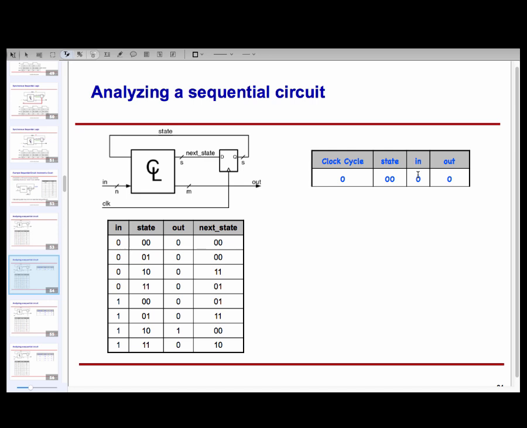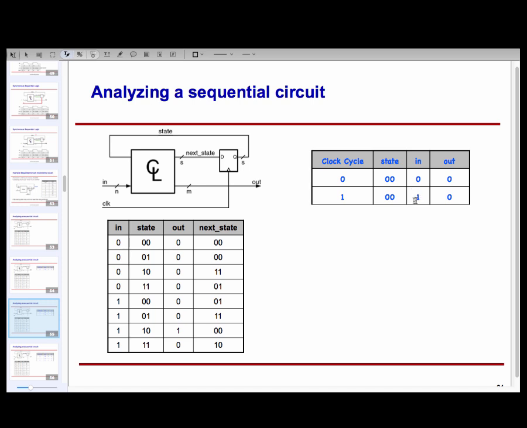Looking at this truth table, in is 0, state is 0, 0, then the output is 0. So that's what we see out here. Now a clock tick comes. So what would happen is that we would now update the current state with what the next state is. If you look at the same row, next state is 0, 0. So after this clock tick the new current state is still 0, 0, because that's what our truth table had said.